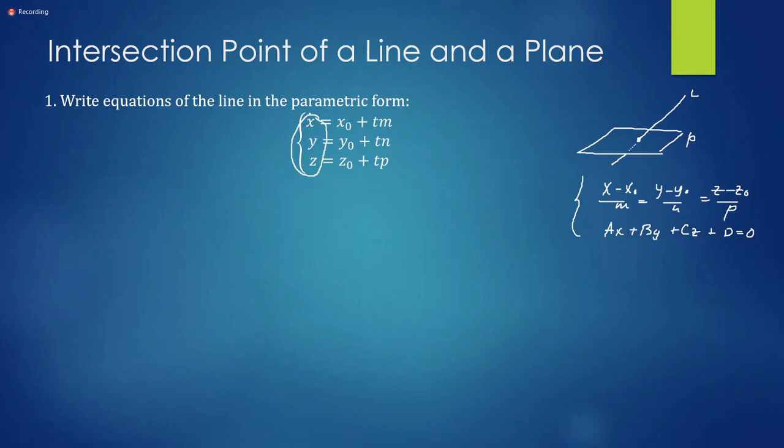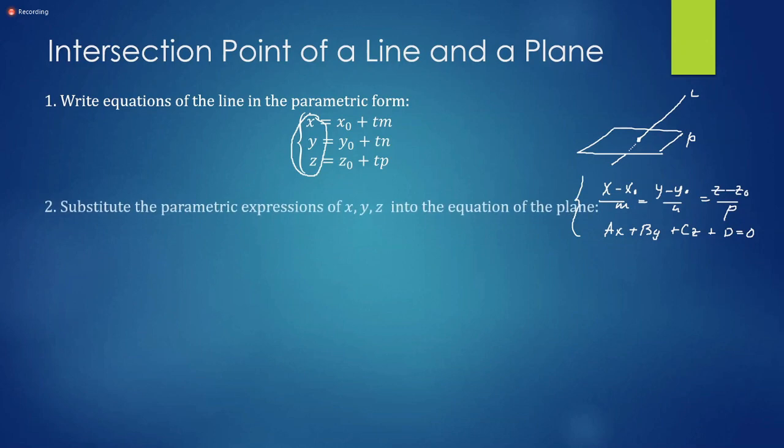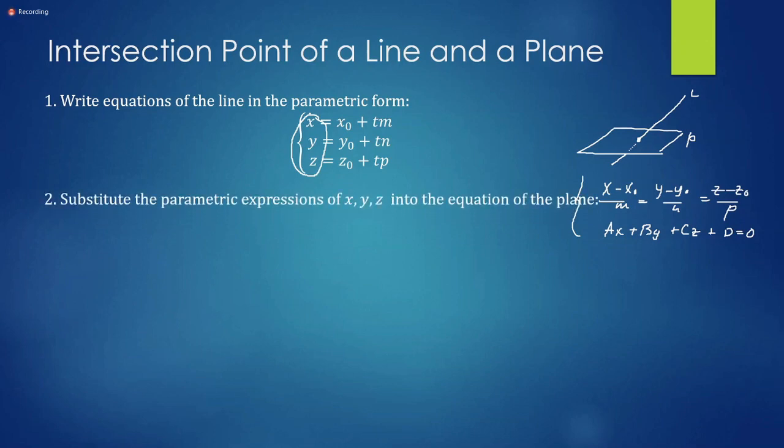So what we do is we substitute these parametric equations into the equation of the plane. Instead of x, y, z here, we substitute the parametric expressions. See, this is x from the line, this is y from the line, this is z from the line.